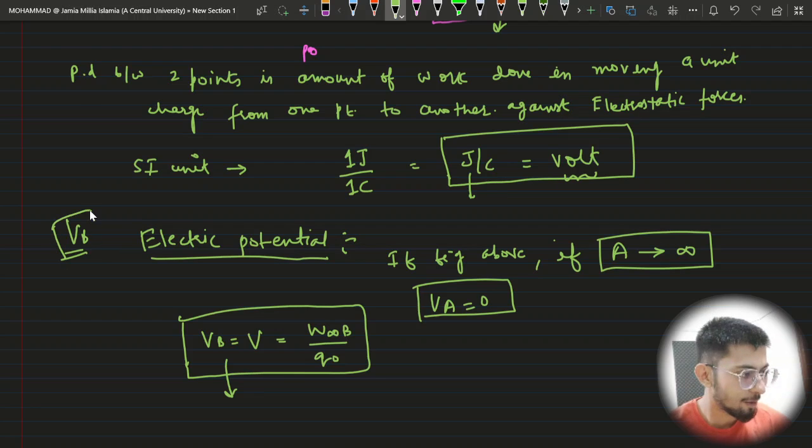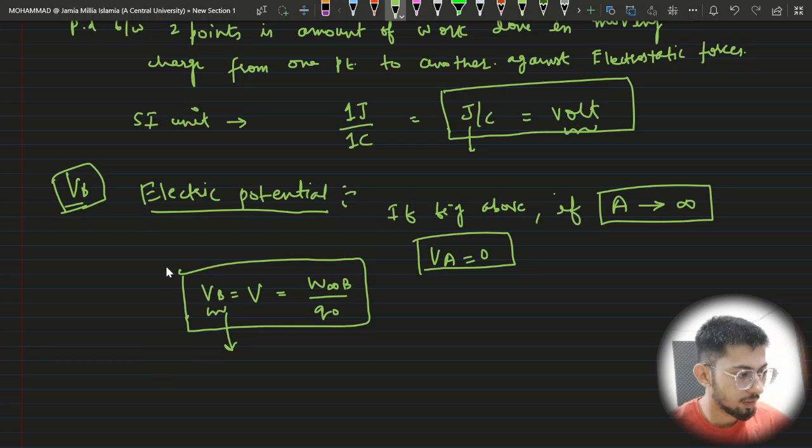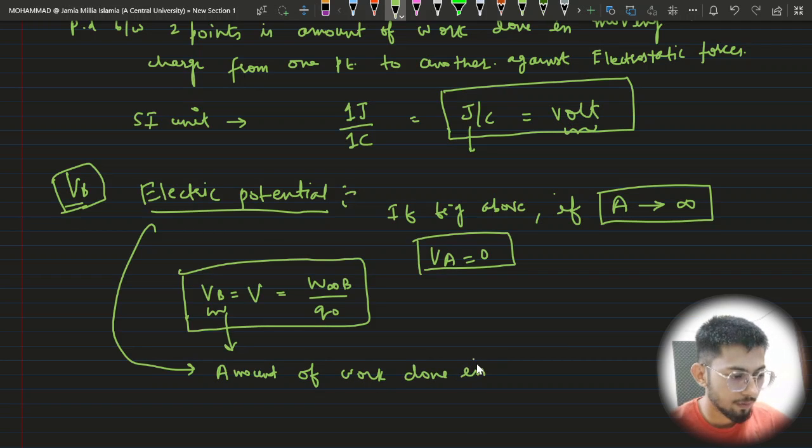We have found VB. What is VB? VB is the potential of point B, and it is the amount of work done in moving a charge from infinity to point B. So the electric potential definition goes like this: it is the amount of work done in moving a charge from infinity to that point.